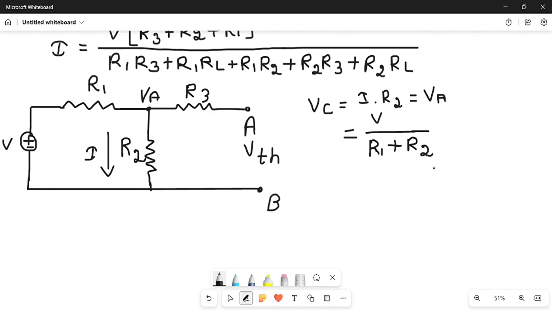Okay, so now let us substitute this I here. If I substitute I here, you get VC or VA, you can also call it, which is equal to V divided by R1 plus R2 into R2.